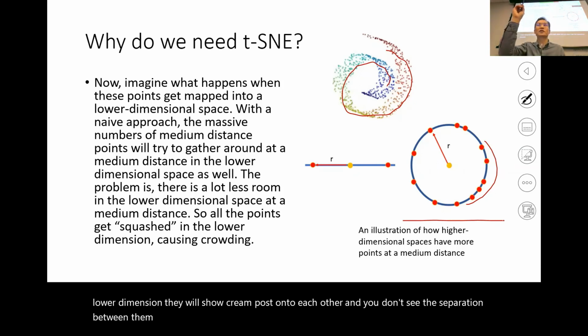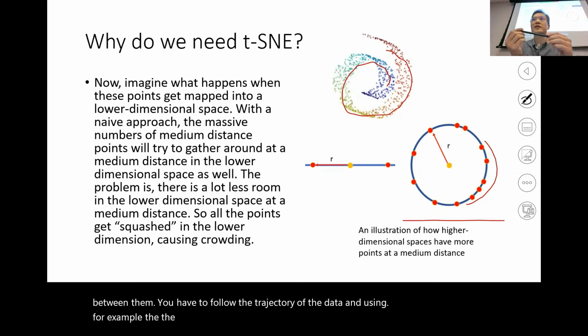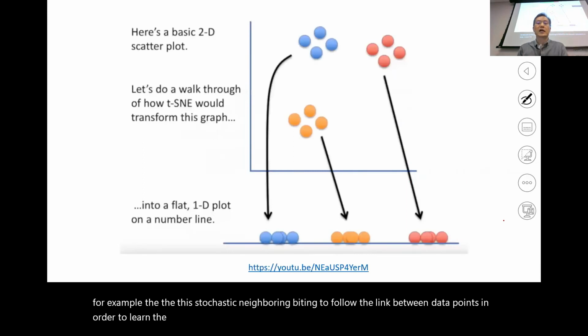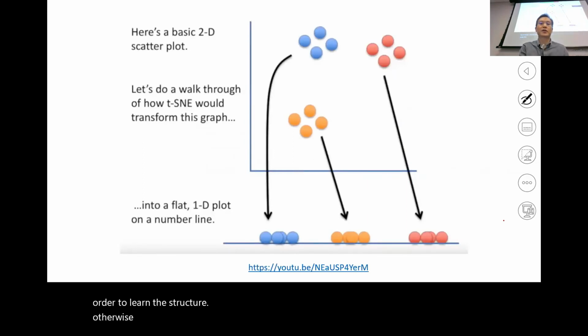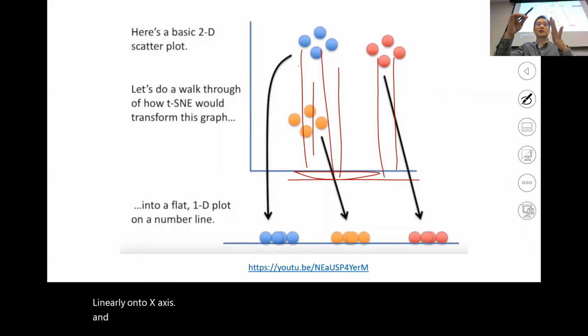You have to follow the trajectory of the data, using, for example, this stochastic neighbor embedding to follow the link between data points in order to learn the structure. Otherwise, for example, if you directly project them linearly onto the x-axis, they superimpose onto each other.